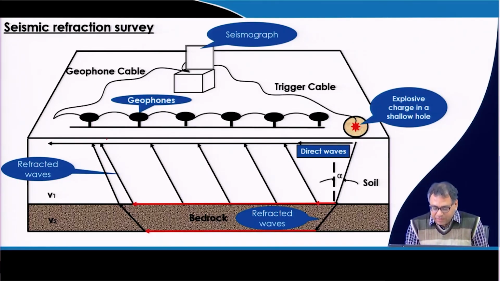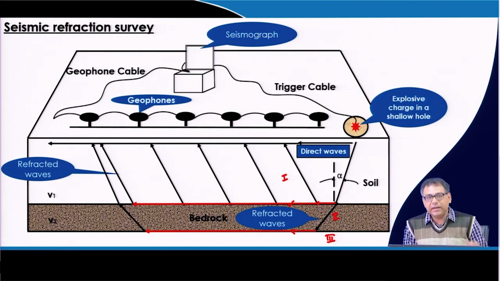If there are n number of layers, then there will be n number of refracted rays, because this is the interface between the first layer and the second layer, and this is the interface between the second layer and the third layer.